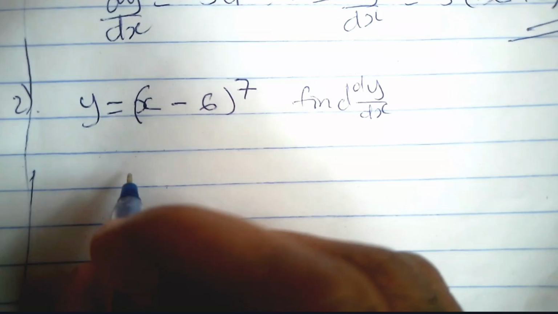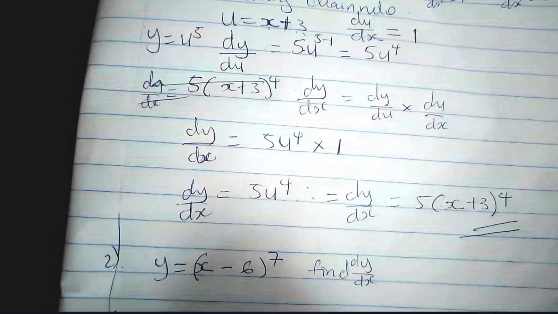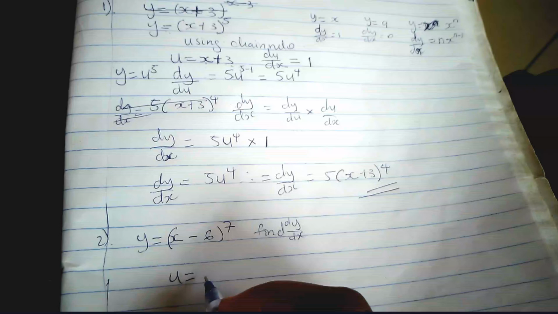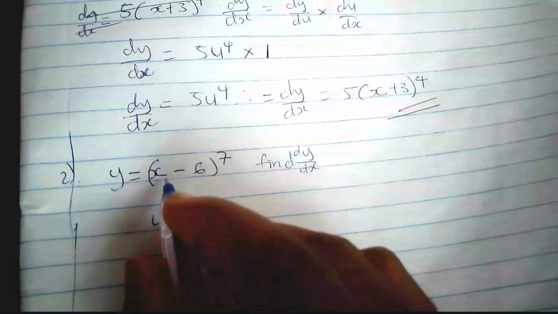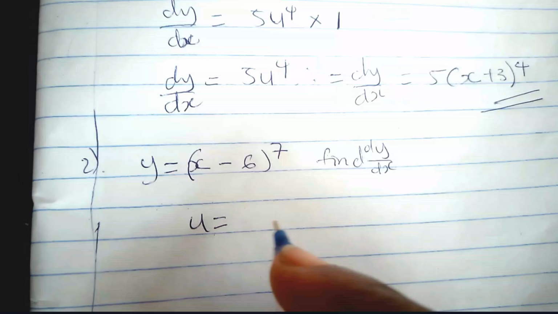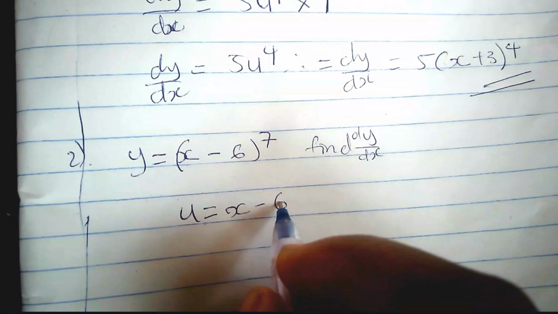So like I said, we're going to let u be equal to this value. Wherever we see x, we're going to equate it to u. That's going to be u equals x minus 6.